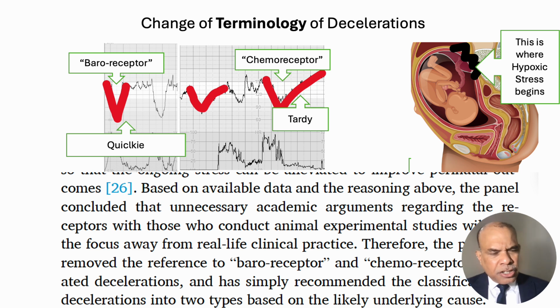The reason we need to know this is that if you have a quick deceleration, that means it's a cord problem. You can modify it by changing position, etc. If you are having a tardy deceleration, it's a placental problem. Unless we have given too much oxytocin, it is very difficult to change it because the placenta is diseased.